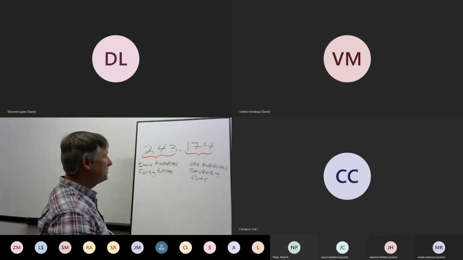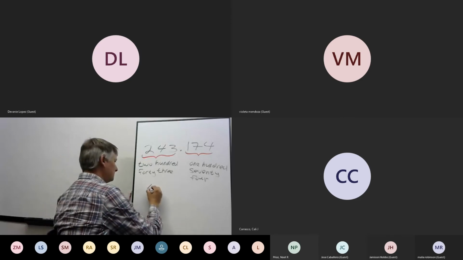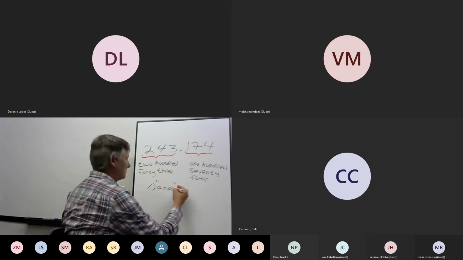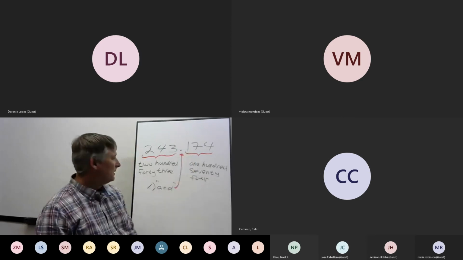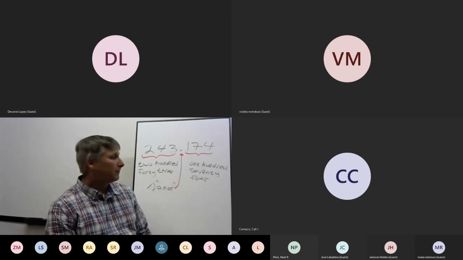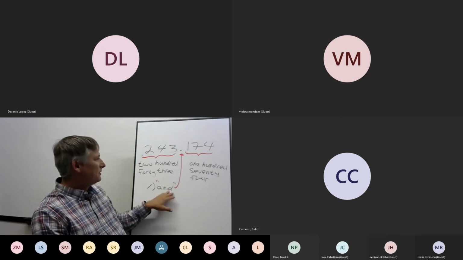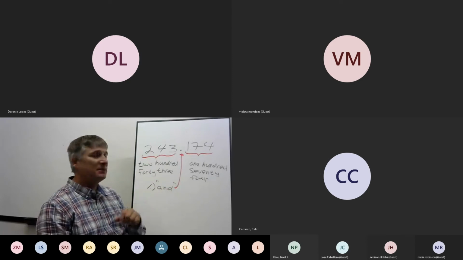The first extra piece is the decimal. So now when we name this number, we'll say 243 and 174. The "and" means the decimal point.